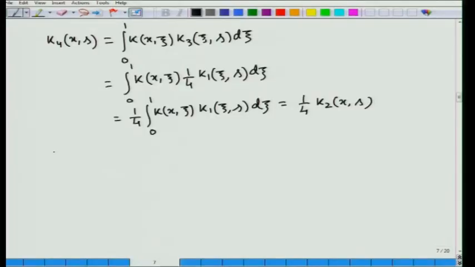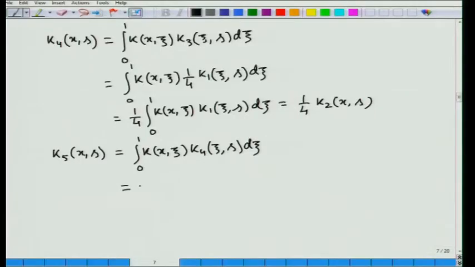Similarly, if you calculate k5(x,s), this will be equal to the integral from 0 to 1 of k(x,xi) k4(xi,s) d xi. Now, k4(x,s) is equal to 1/4 k2(x,s).